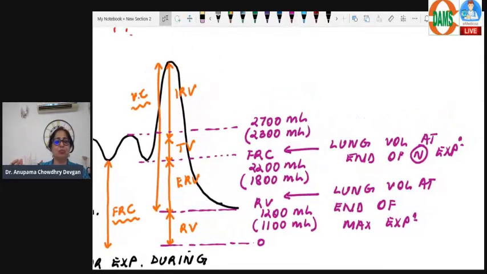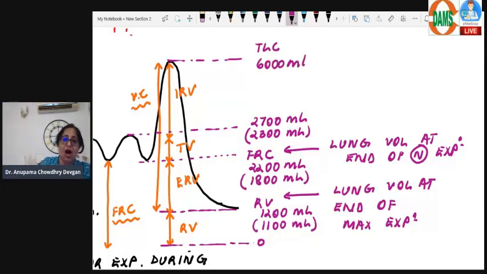Now I ask you to take in maximum inspiration. Inspire forcefully. Males, that means inspire your IRV. So at this point, when you forcefully do maximum inspiration, this is going to be your total lung capacity. This is 6000 ml because you've added your IRV, 3300 ml in the case of males and 1900 ml in the case of females. So 4,200 ml in the case of females.